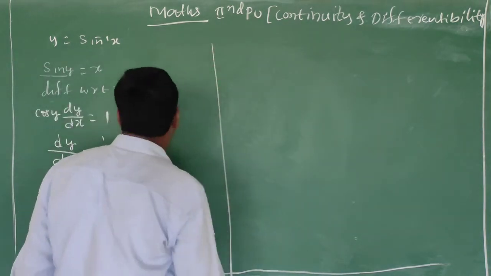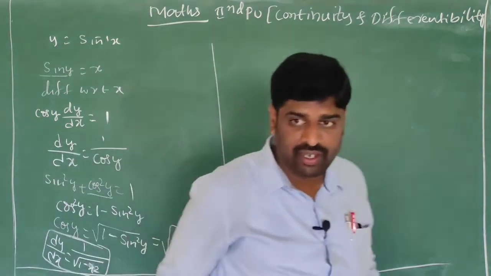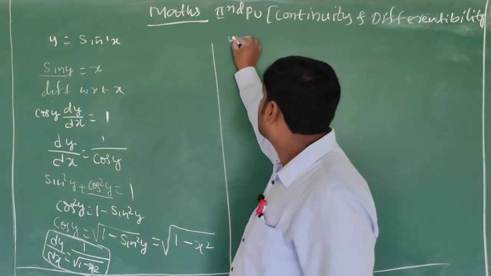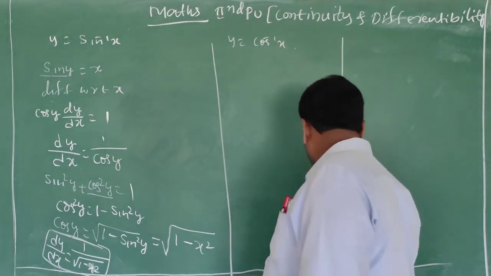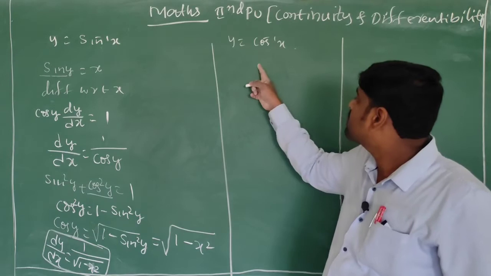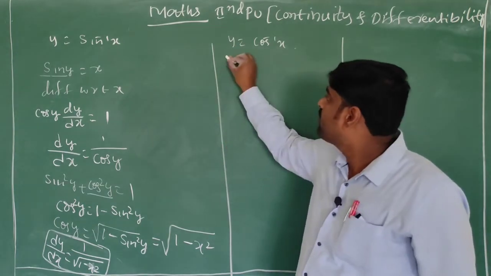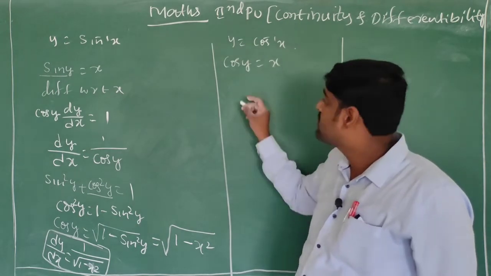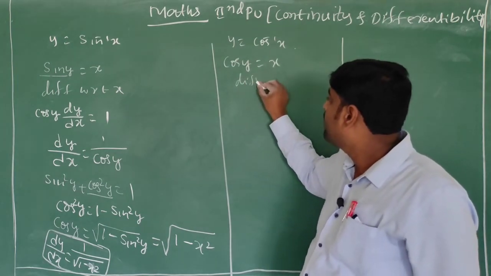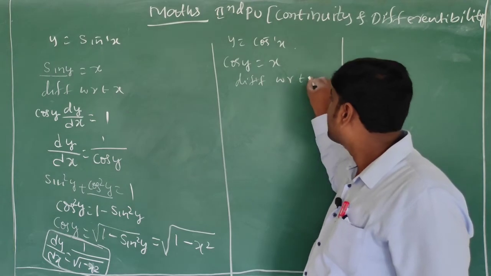Similarly, we have to find the cos inverse derivative. Y is equal to cos inverse x. This cos inverse shifts to the LHS, which means it becomes cos. Cos y is equal to x. Differentiate with respect to x.